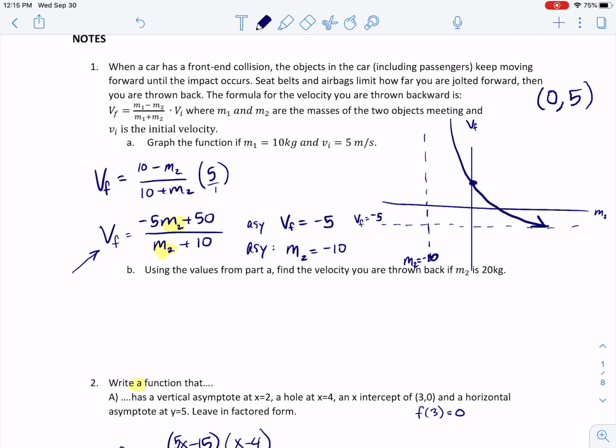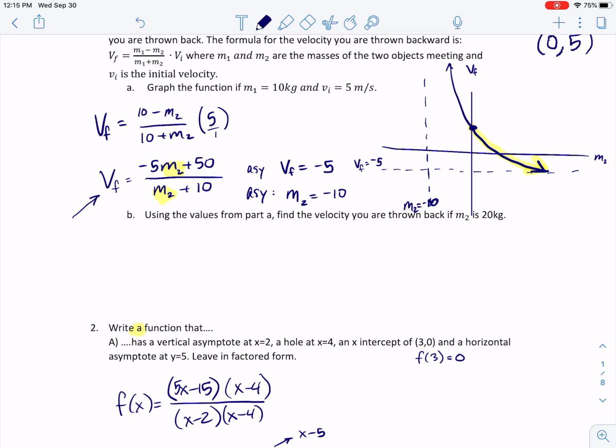Really, what we need is this part, because it doesn't make sense to have a negative mass, but it does make sense to have a negative velocity. So it's okay that we start approaching that negative velocity there. Okay, so that's the piece of the graph that I care about.